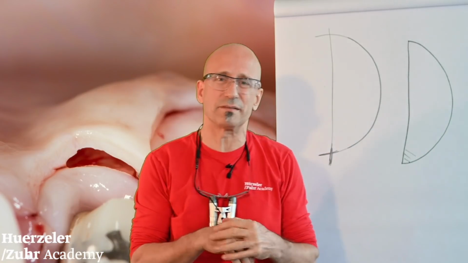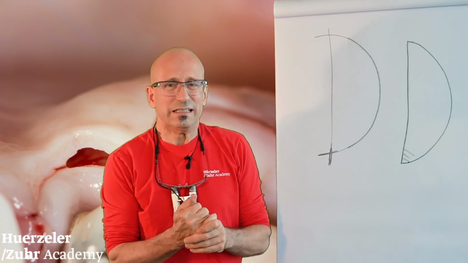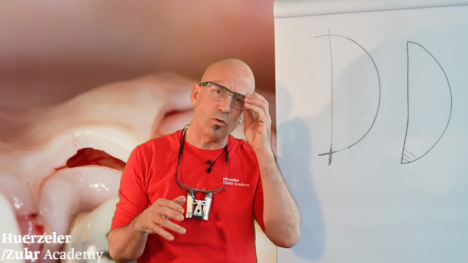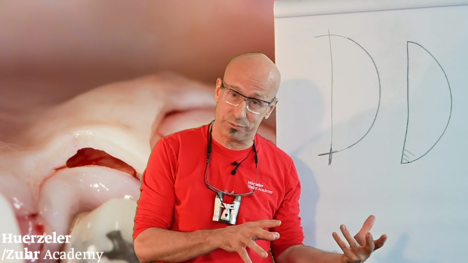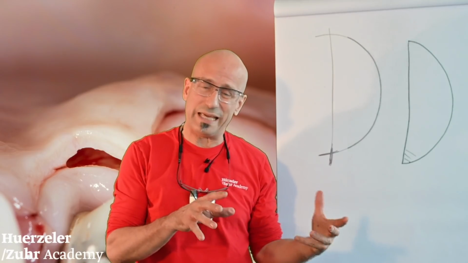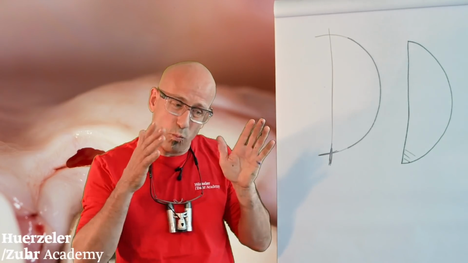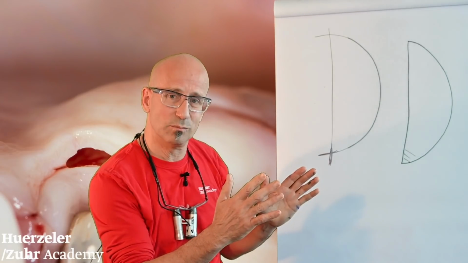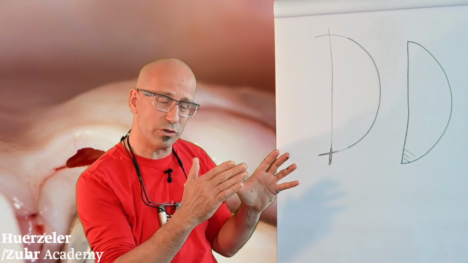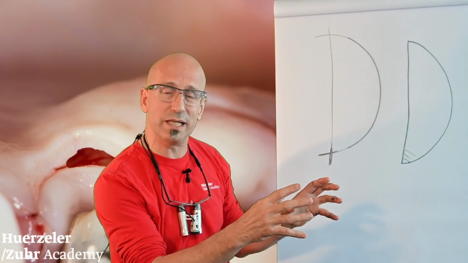The problem is, there is a tendency today that we go a little bit more to the microscope, because we can do periodontal surgery more and more from one side. More and more we can do surgery from the buccal side completely.